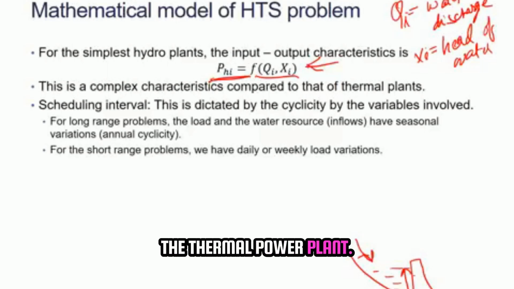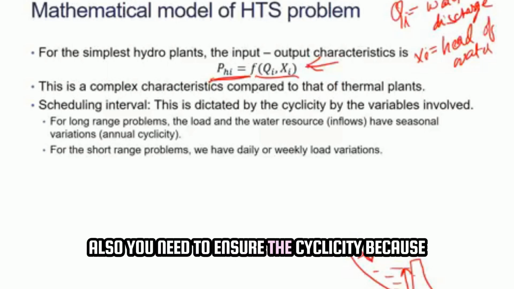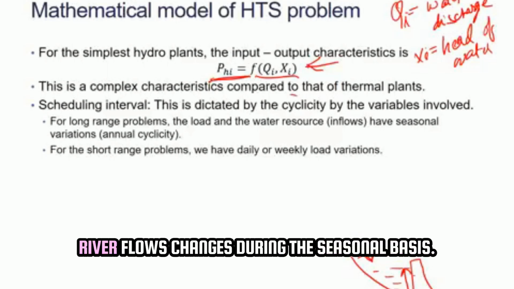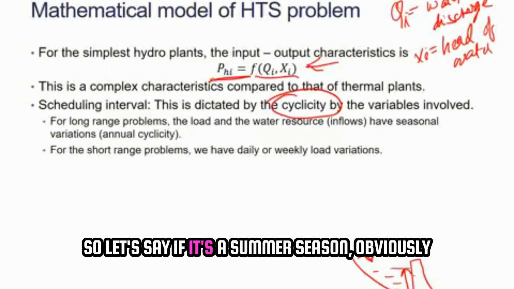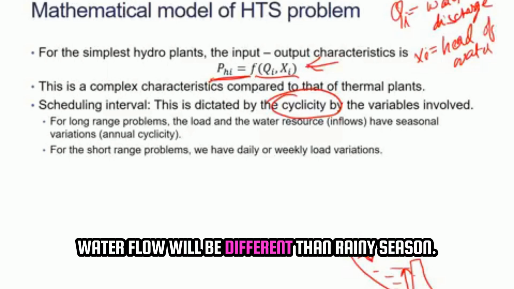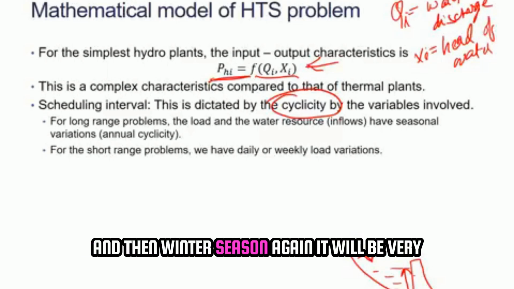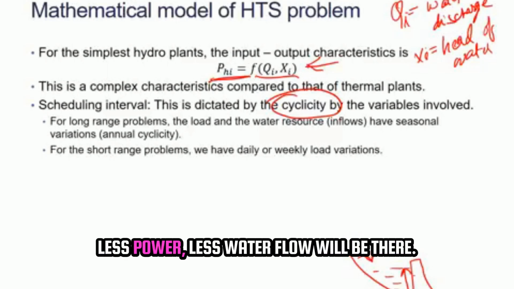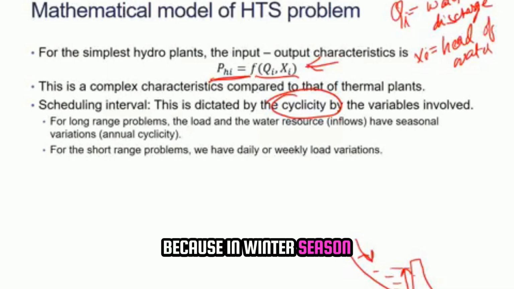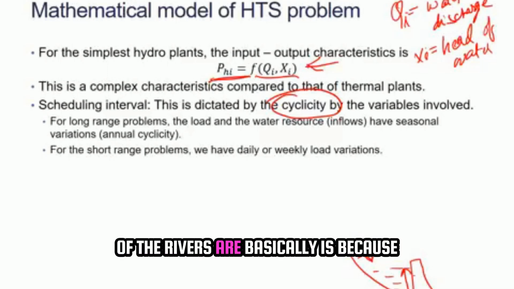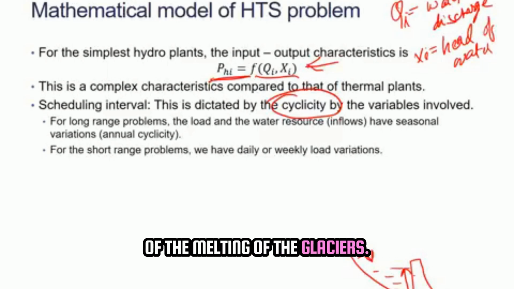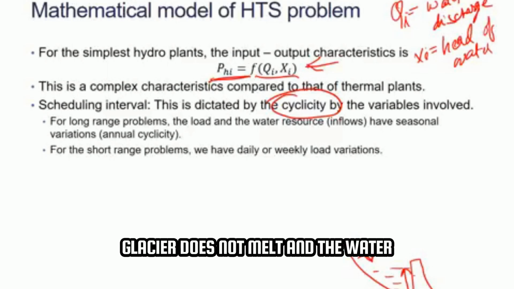Also, you need to ensure the cyclicity, because river flows change on a seasonal basis. If it's summer, water flow will be different than in the rainy season, and in winter there will be very little water flow, because here in India most of the rivers are fed by the melting of glaciers. In winter the glaciers do not melt and the water flow reduces.